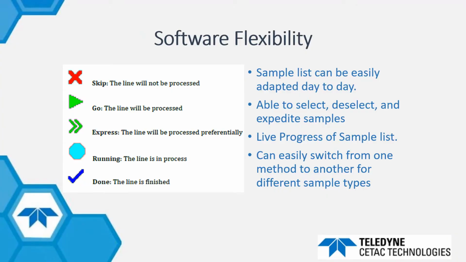In addition to those, the software is generally flexible in terms of how it runs on a day-to-day basis. What you see on the left are essentially the icons that you can select for any given sample, and that allows the sample list to be easily adapted. What I mean is that normally for a type of preparation, you would make a file that can prepare 60 or 120 samples, depending on your particular configuration.